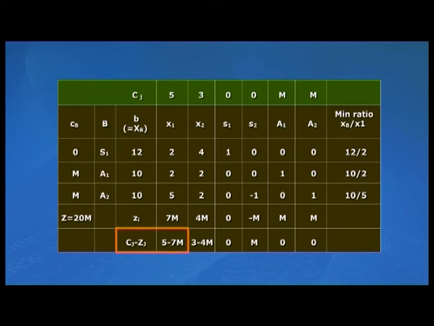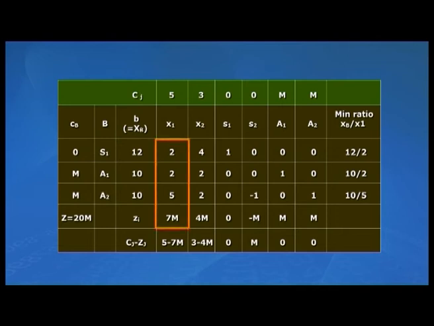Since the value C1 minus Z1, equal to 5 minus 7M, is the smallest value, x1 becomes the entering variable. To decide which basic variable should leave the basis, the minimum ratio is calculated as 12 by 2, 10 by 2 and 10 by 5, which is nothing but xB by x1. Zj is calculated by multiplying the basic variable coefficients with the column entries and taking their summation.